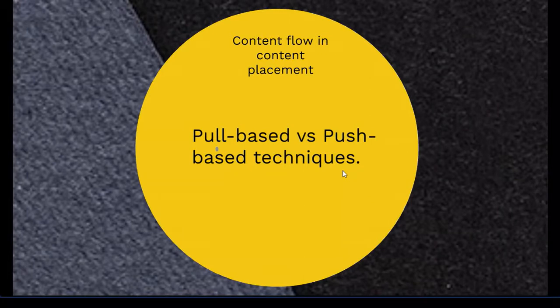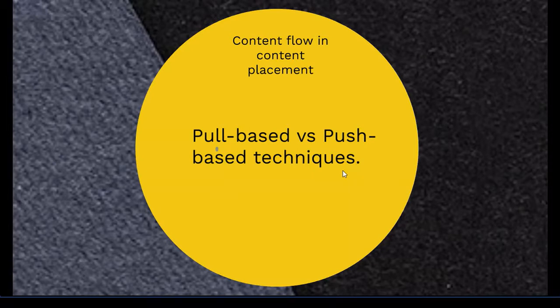So the content flow is managed using pull based and push based techniques. So pull based is a reactive algorithm. If the requested information is not present in the cache, it's going to request the information from its surrogate servers or from the original server and then respond back to the user.